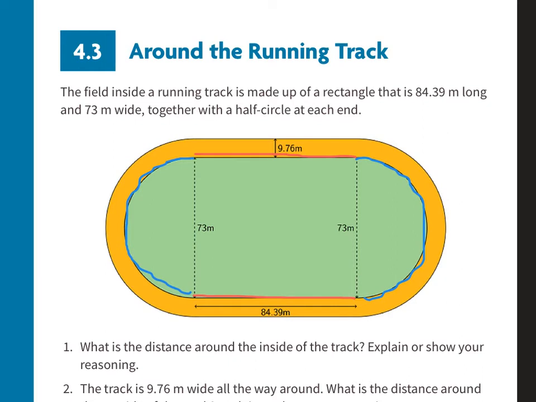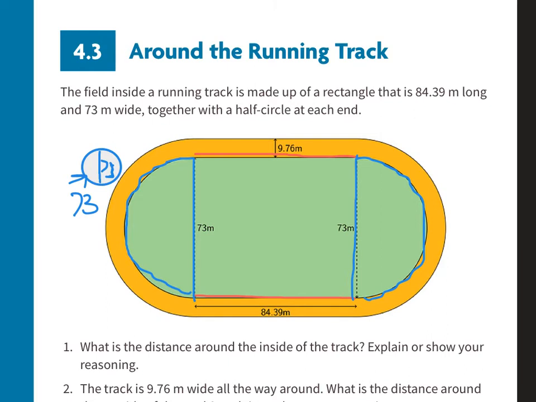So let me redraw this with the circle tool. Okay, and then I get a whole circle. So my diameter is 73, right? Because that's this length right here. So I'm going to put the 2 blue pieces together, and that's 73. So 73 is my diameter.